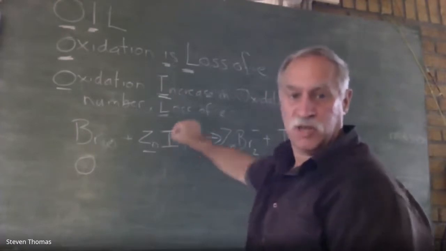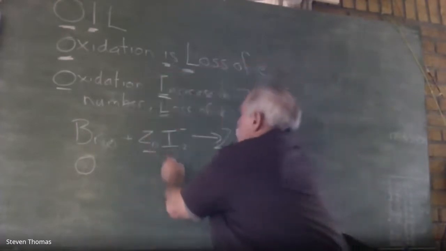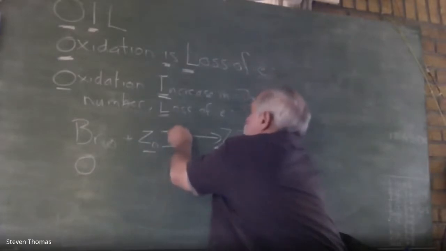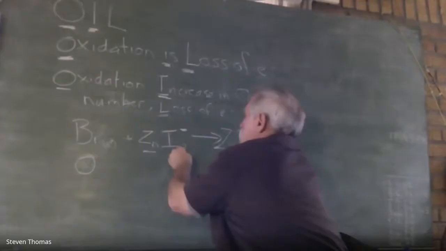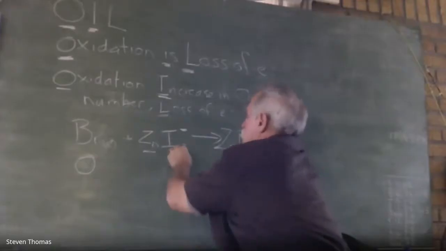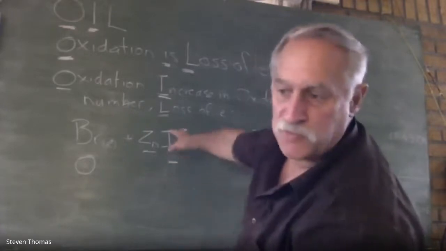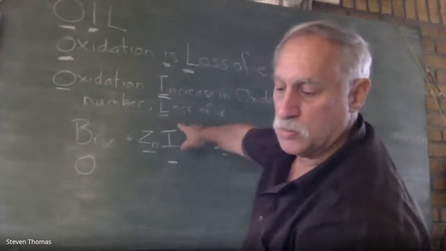Iodine is in group 7, so it's going to have an oxidation number of, what's its ionic state? Minus. Iodine, group 7, forms ions that are minus. -1.